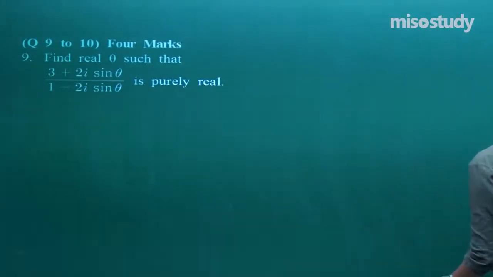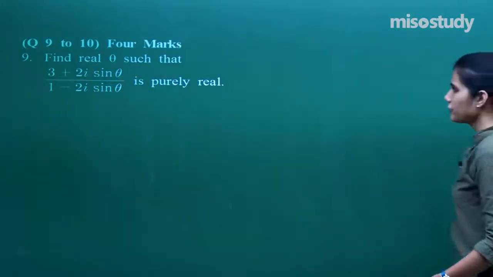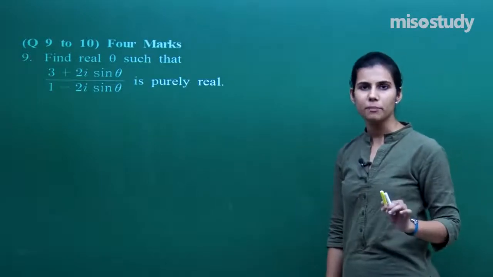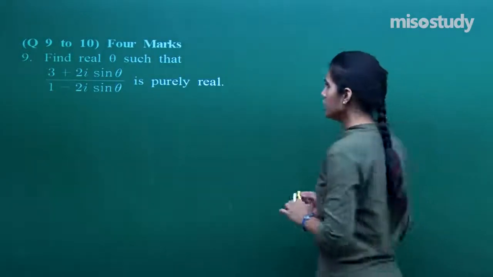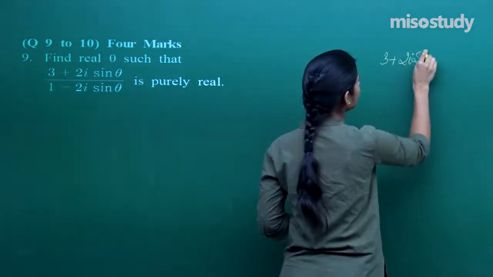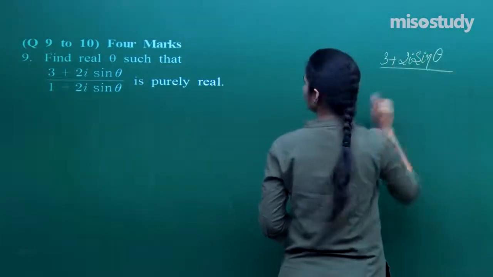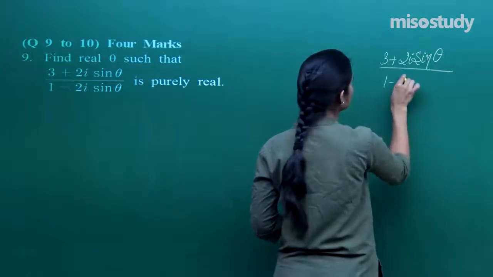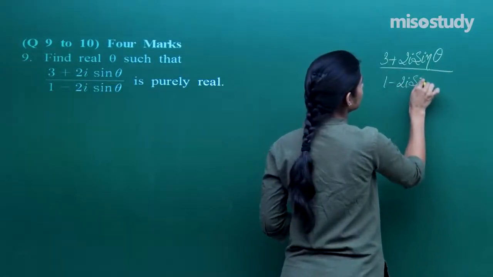I need this expression to come out to be purely real. What is that theta which when I plug in this expression, the answer that comes out is a purely real complex number, imaginary part is 0. Let's begin the computation. You have 3 plus 2 iota sine theta whole upon 1 minus 2 iota sine theta.